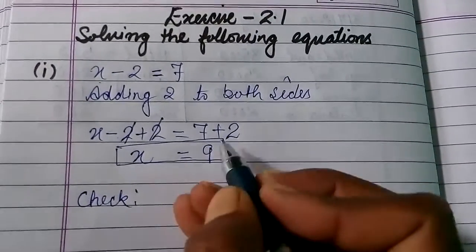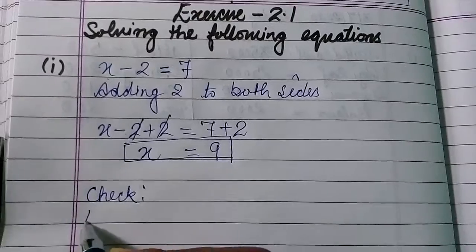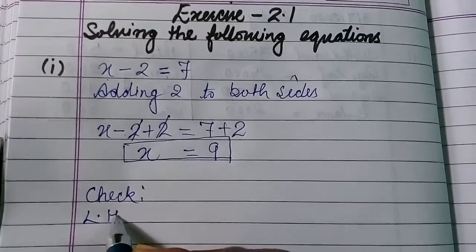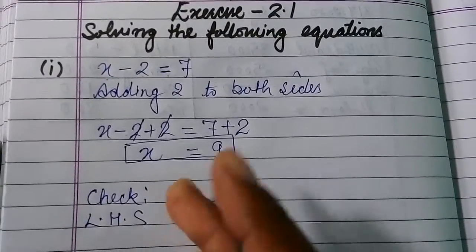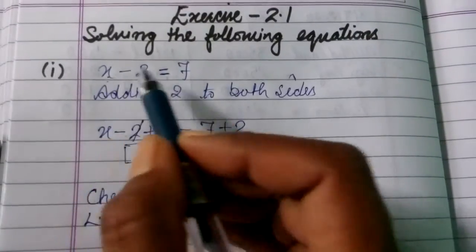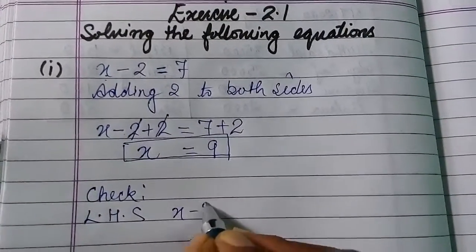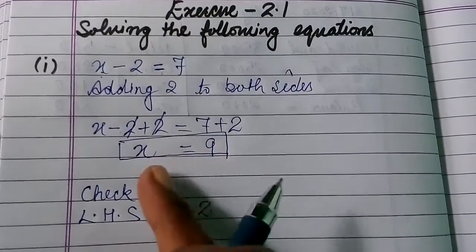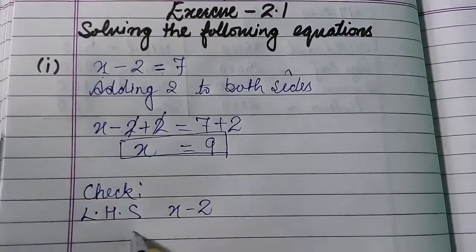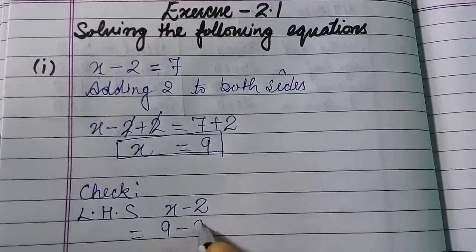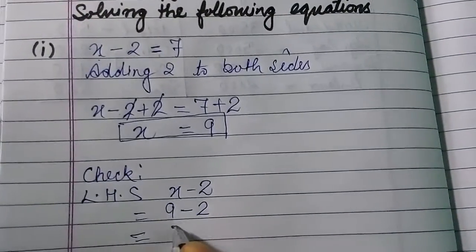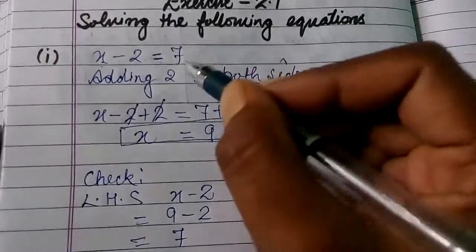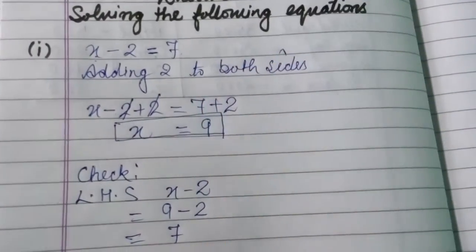Check, and how will you do checking? Firstly, you'll take any one side, and let me take the left hand side. Here I can see that the left hand side is x minus 2, and when I put the value of x, which I got as 9, I am taking 9 minus 2, which is equal to 7. And from here you can see that in this equation the right hand side is equal to 7.